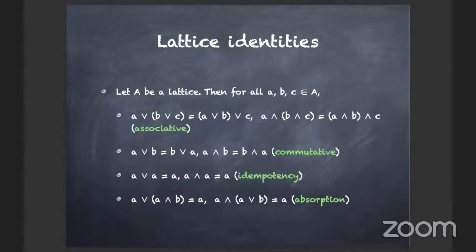That's the only intuition you need to prove associativity. So once again, this is an exercise for you. Please prove these identities in a lattice with the definition we just had.